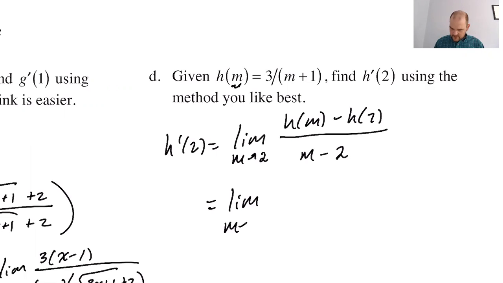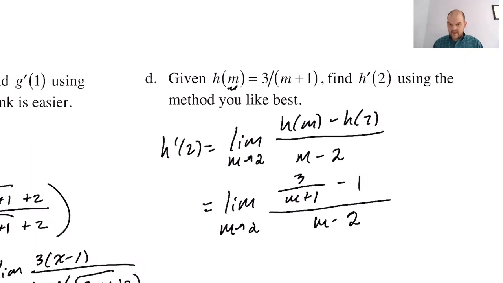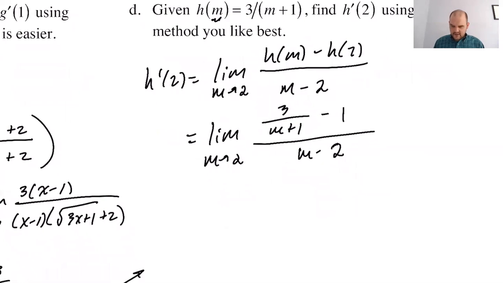Limit as m approaches 2 of 3 over m plus 1 minus, if I plug in 2, I just get 1, minus 1 over m minus 2. All right, so what am I going to do here? I'm going to first just simplify the numerator.